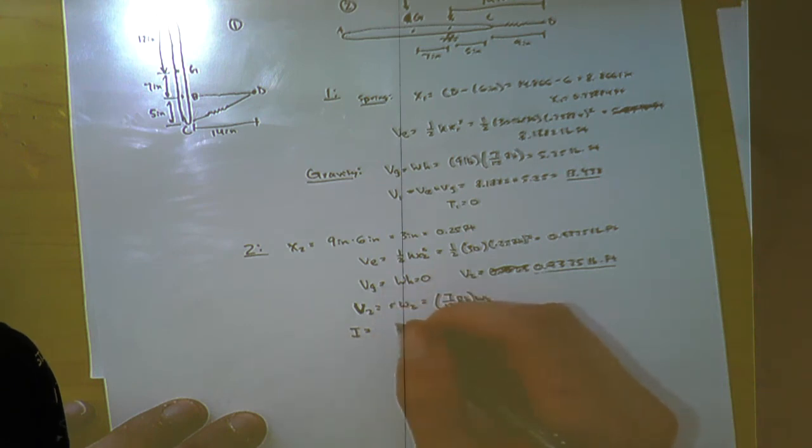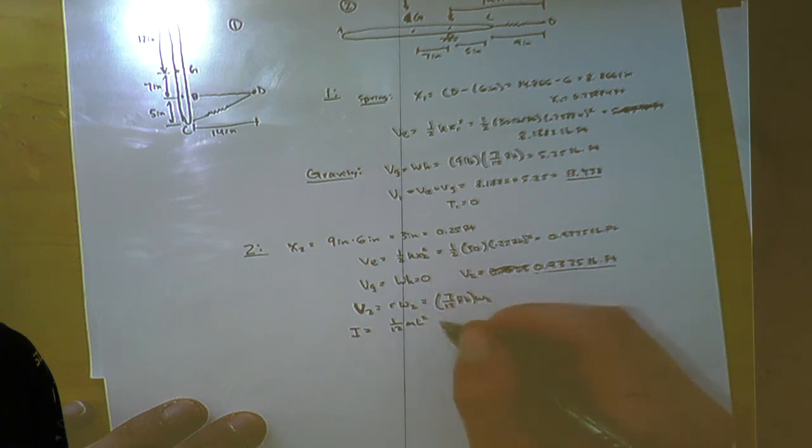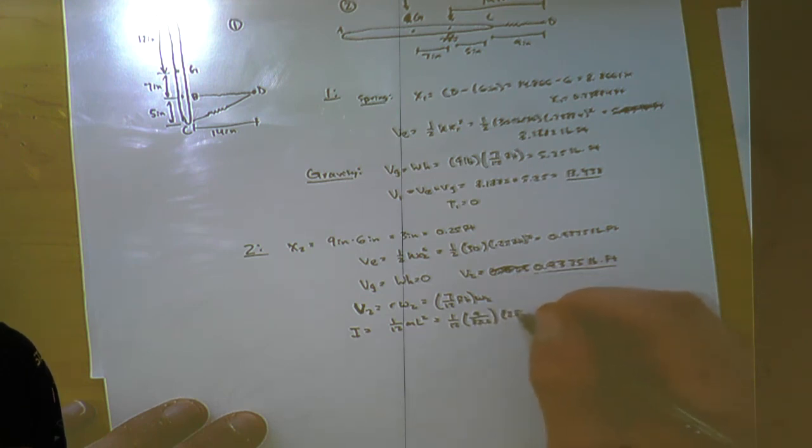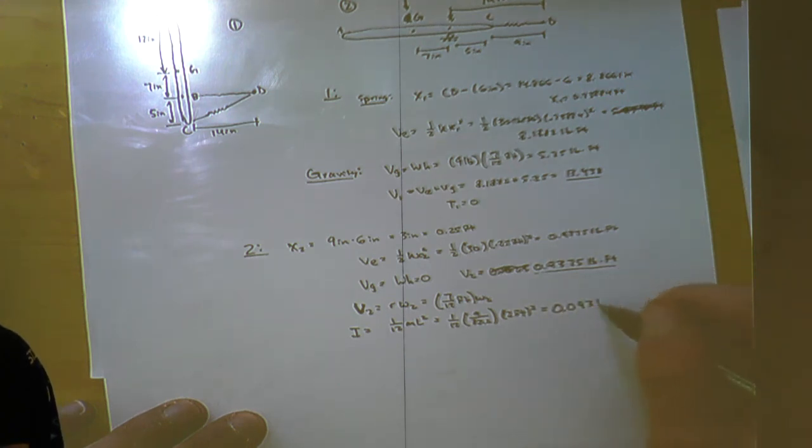I is equal to 1/12 m l squared. So 1/12 times 9 divided by 32.2 times 2 feet squared gives us 0.093168.